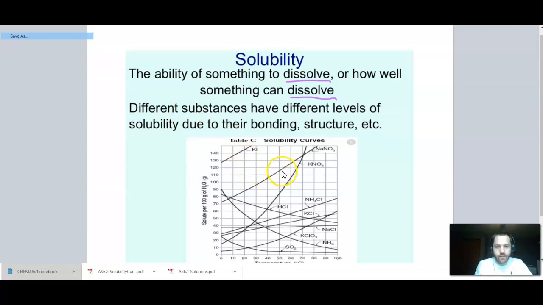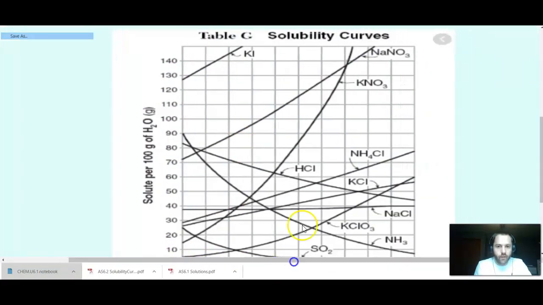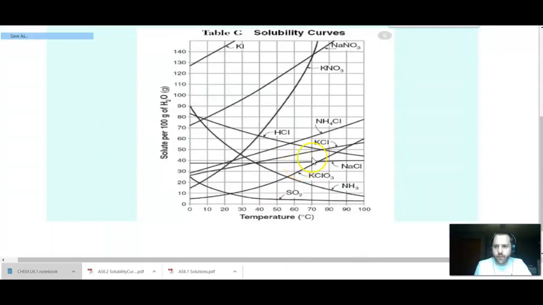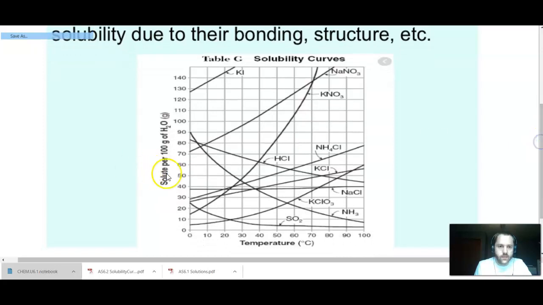So we can actually see this table here. You're going to see these tables quite a bit throughout this unit. On the left side, on our y-axis, it says solute dissolved, so whatever line it says, if you're looking at potassium iodide or sodium nitrate, per 100 grams of water. Because if I picture my water bottle, if I only have this much water in here, I'm going to be able to dissolve a lot less versus if I have a huge amount of water in there.